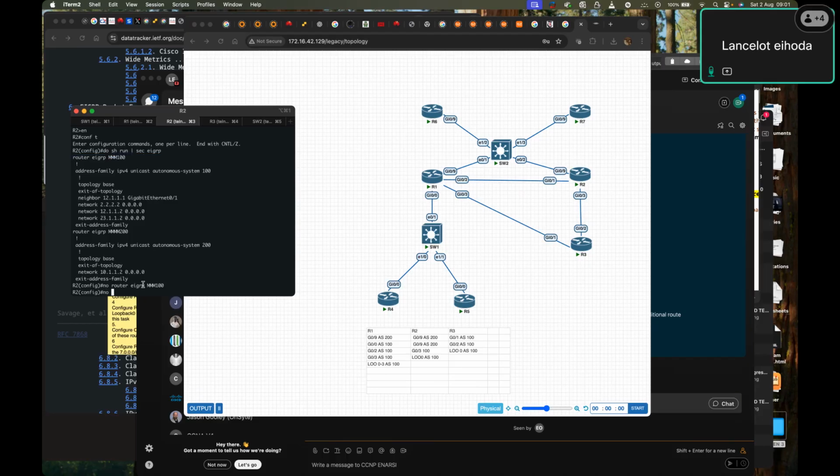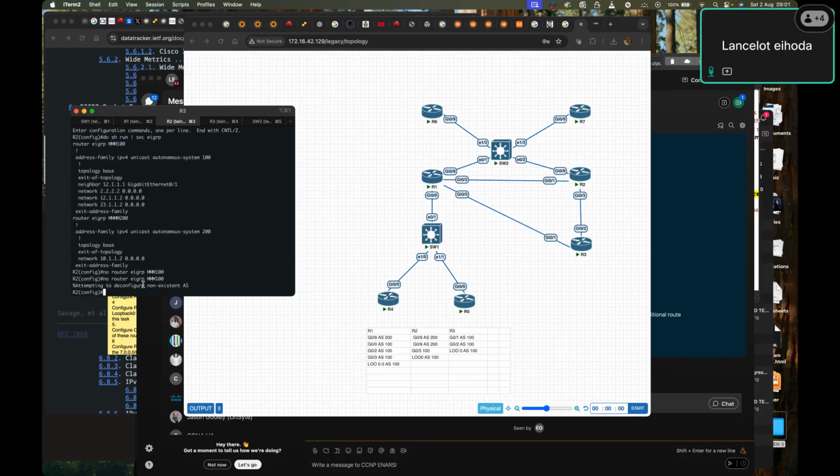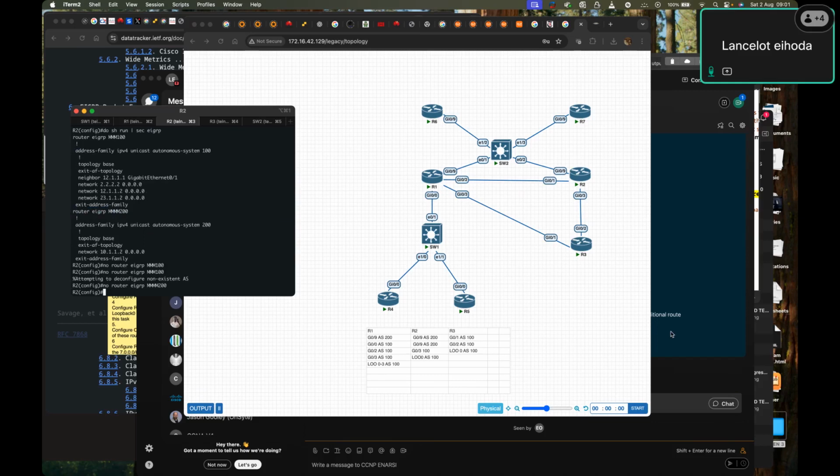Another reason could be you don't want to use multicast across those links because it's not important, since it's like a point-to-point link. So in this case, we are supposed to establish a unicast adjacency between router 1 and router 2.